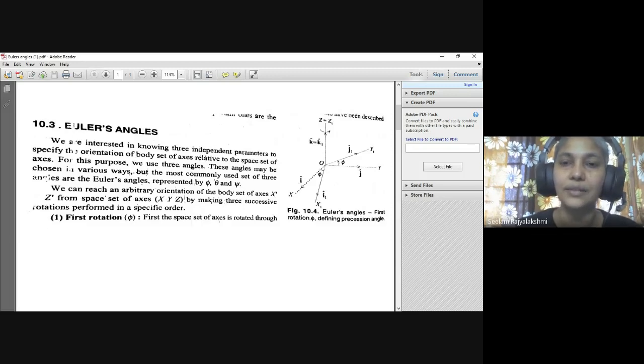Since the rotation is relative to the z axis, z remains fixed, so k bar is equal to k1 bar. We can observe x moves from x to x1, y moves from y to y1, but z is fixed and constant. This is the origin.